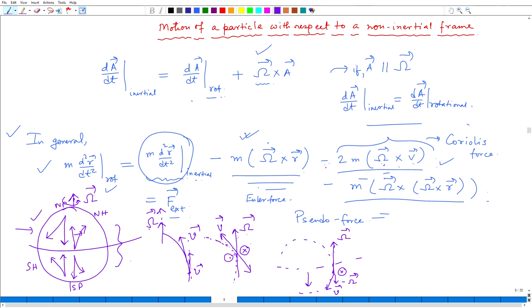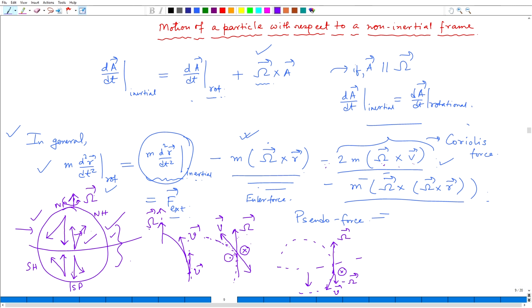concisely condensed into a form of a law, where you can say that if on earth air moves in the northern hemisphere, then it always gets deflected towards the right. Okay.